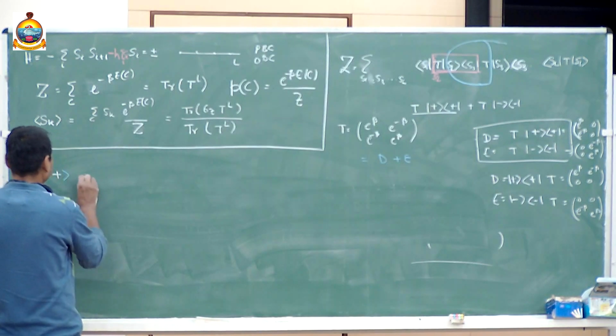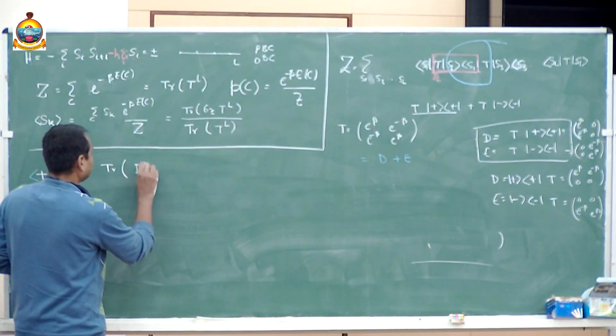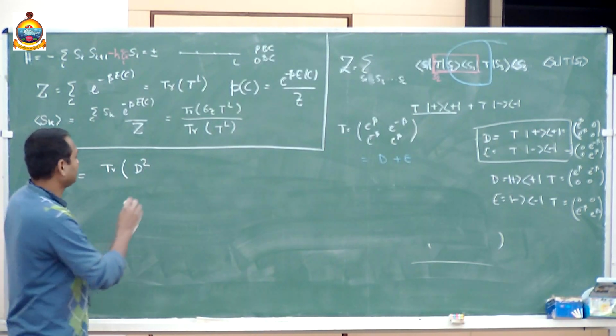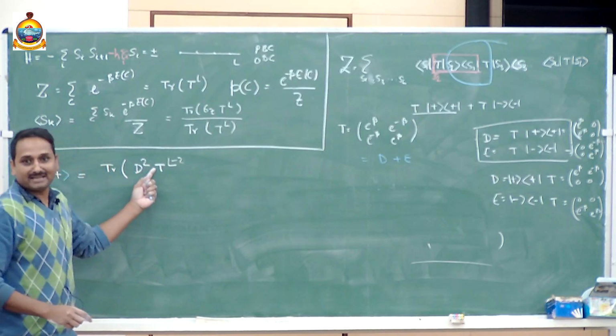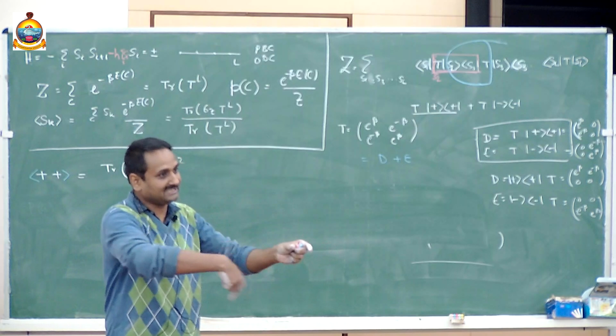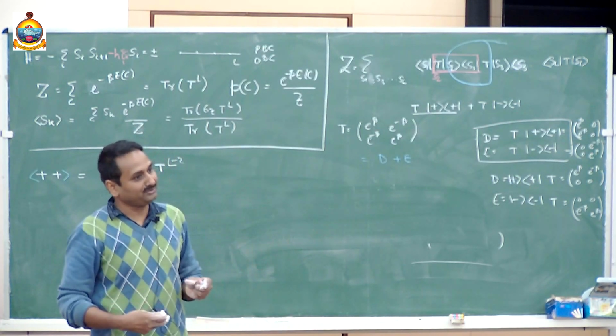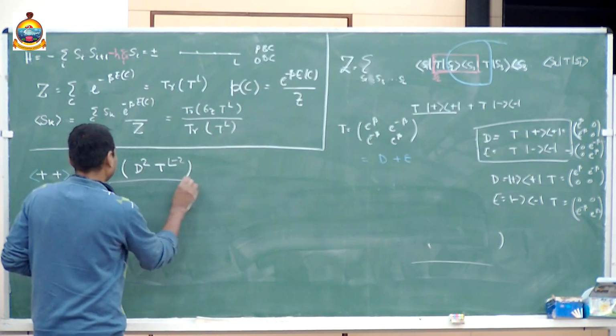Can somebody prompt me? Trace of what? D squared T to the power L minus 2. Why am I putting it first? Because it can be anywhere; because of the trace in the ring, you can always bring it to the front. So D squared T to the power L minus 2 divided by trace of T to the power L.